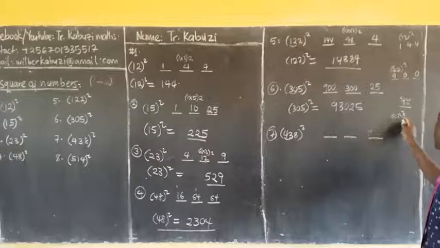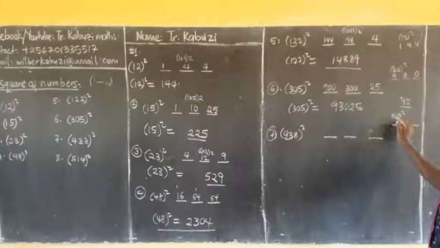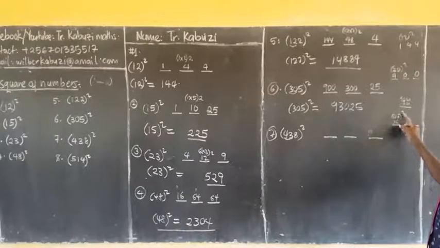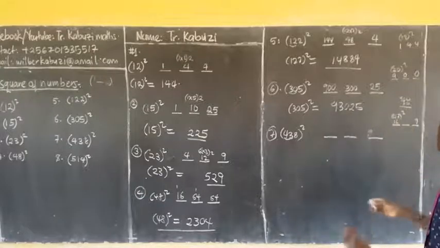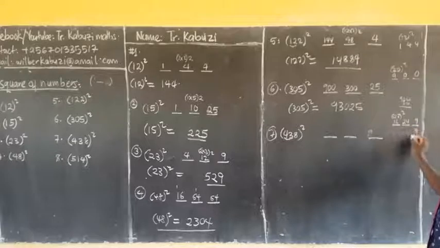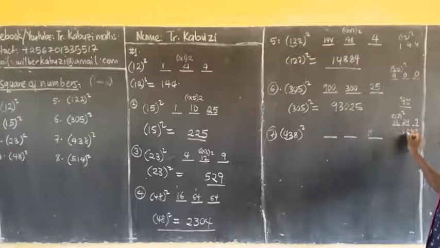43 squared, you say, when you square 4, you get 16. When you square 3, you get 9. 4 times 3, that's 12. Then by 2, you get 24. So this one will give you 9, 4, and you add this to this, we are in 18.